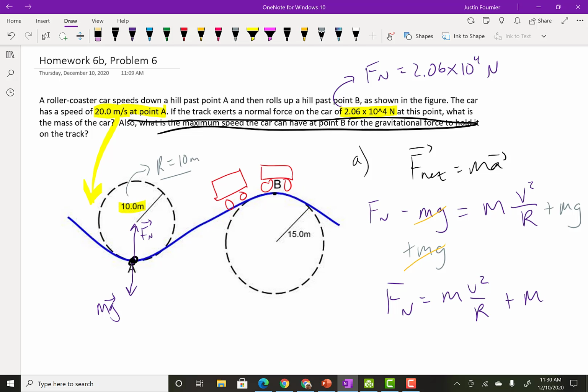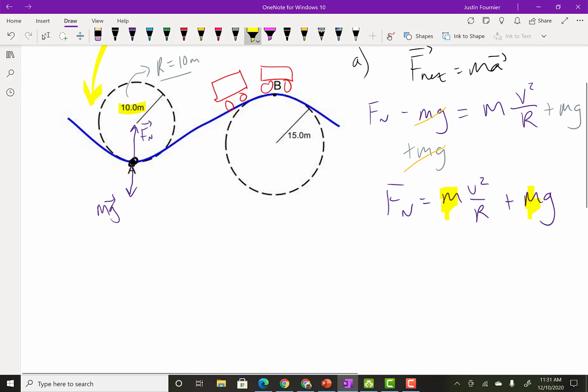And I can see here, hey, wait a minute, I got mass in both of those terms, so I can actually factor out the mass. So this can be written as m times (v squared over r plus g).